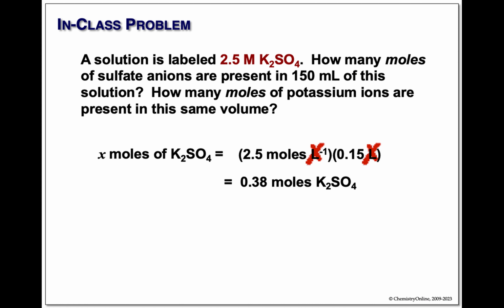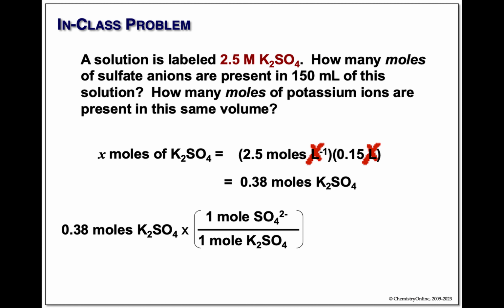So to answer the first part, how many moles of sulfate? Our mole ratio, 1 sulfate per every potassium sulfate, multiplied by the number of moles. Moles of potassium sulfate cancel. This is 1. 0.38 moles of sulfate. We have 2 moles of potassium in every potassium sulfate.